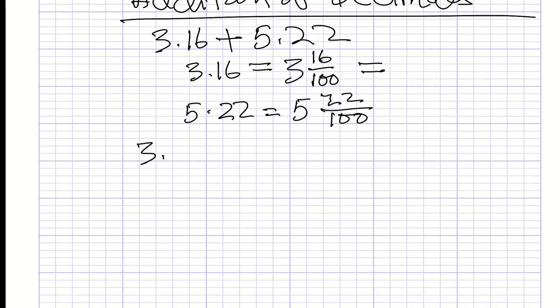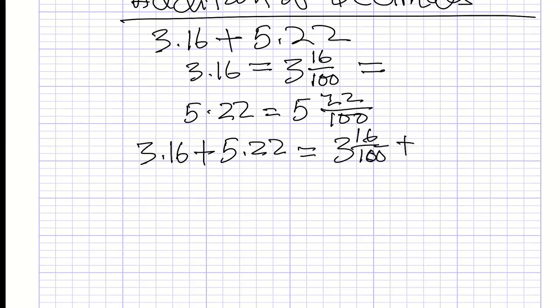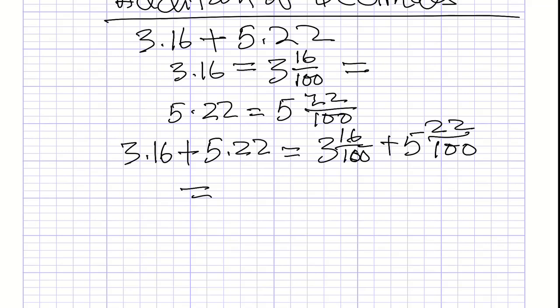You can say 3.16 plus 5.22 is the same thing as 316 over 100 plus 522 over 100. We did this problem before. You start by converting the numbers into improper fractions.